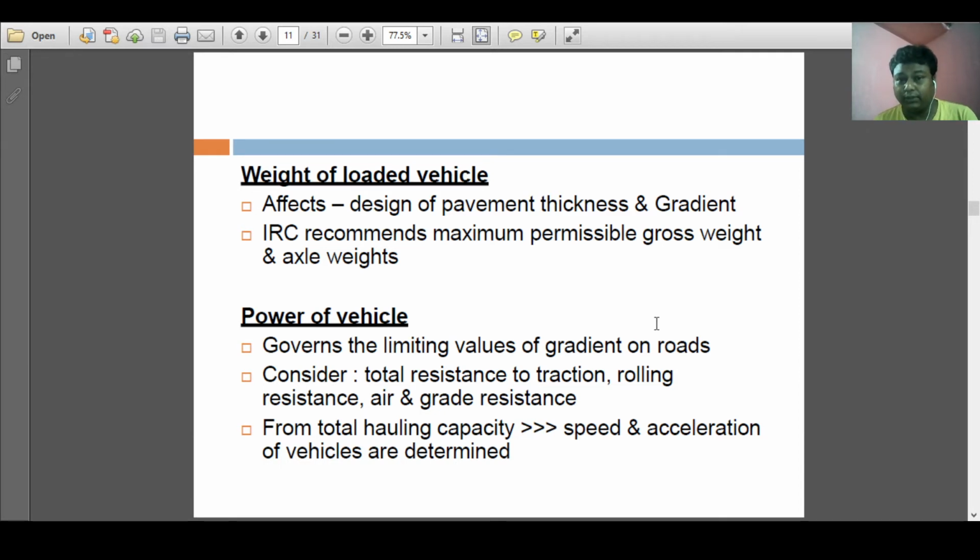That is the loaded vehicles. Then the various types of load based on the types of vehicle will also be discussed. Next is the power of the vehicle. Power of the vehicle governs the limiting value of the gradient on the road. Consider total resistance of traction, rolling resistance, air resistance, and grade resistance. For total hauling capacity, speed and acceleration of the vehicles are determined.